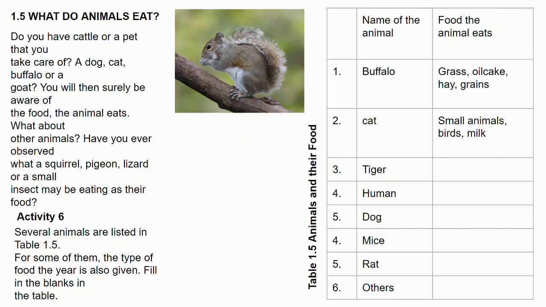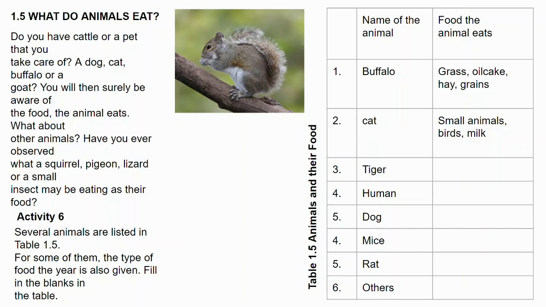Several animals are listed in Table 1.5. For some of them, the type of food they eat is also given. Fill in the blanks in the table. Table 1.5 Animals and their food. Name of the animal. Food the animal eats. 1. Buffalo.